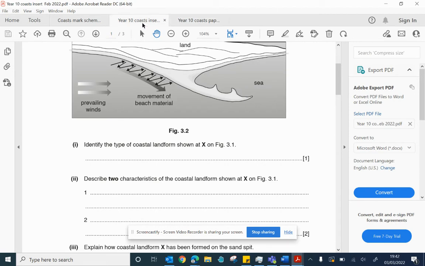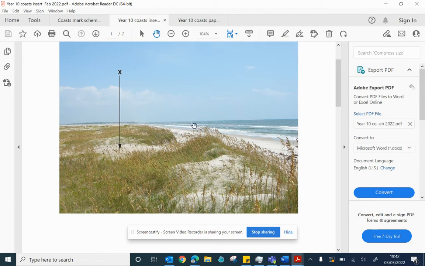Okay, now I need a second point there. So let's go back and see what else we can see. Now we've mentioned the vegetation, a couple of points we could pick up here. We could pick up that areas of the photograph include patches of bare sand. Okay, that would get us the mark as well. Other things we might say is the actual shape of the dunes. So we could argue that the dunes are relatively flat with a gentle gradient.